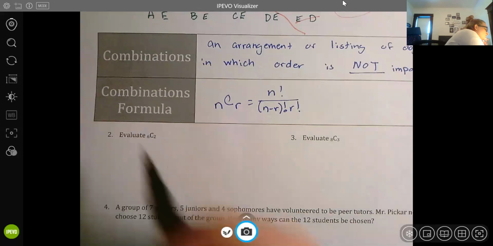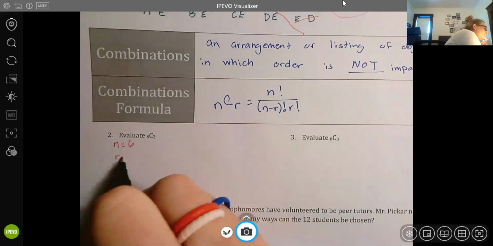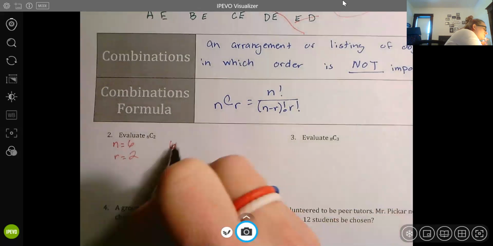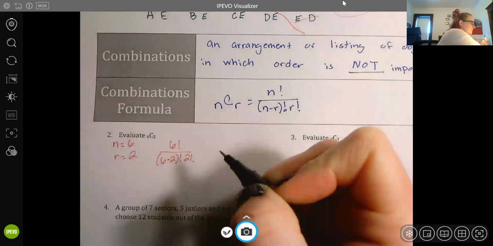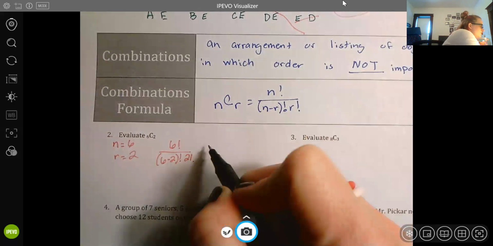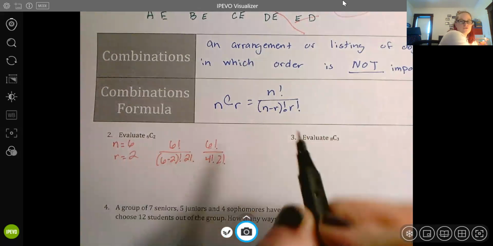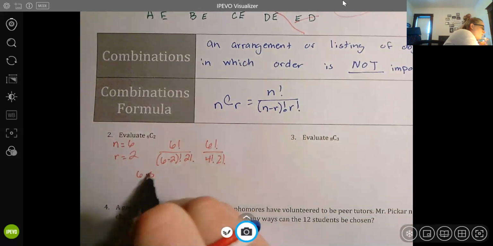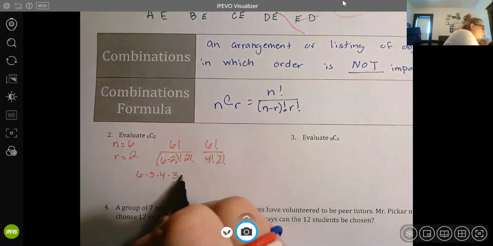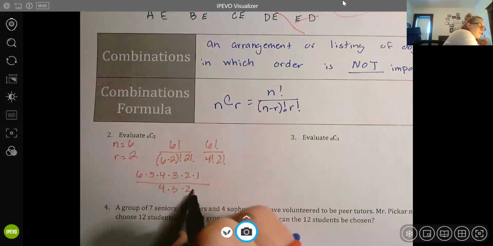All right, so we get n is 6 and r is 2. So 6 factorial over 6 minus 2 factorial and then another 2 factorial. So 6 factorial over 4 factorial, 2 factorial. Now 4 factorial and 2 factorial don't combine to make 6 factorial, just know that. So we get 6, 5, 4, 3, 2, and 1. And then we have 4, 3, 2, and 1.